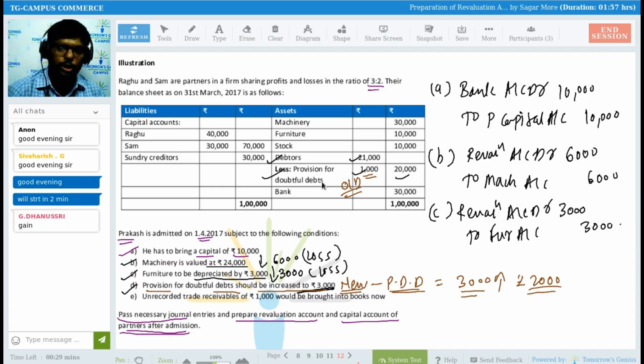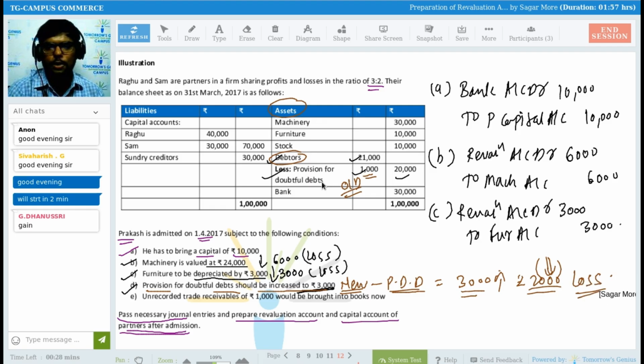If you are going to subtract 2,000 rupees from debtors, is it a gain for you or loss for you? Loss, because debtor is nothing but my asset. So your asset will get reduced by 2,000 rupees more, right? So it's a loss for me. Absolutely right.